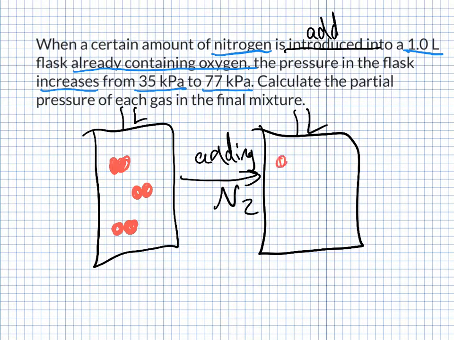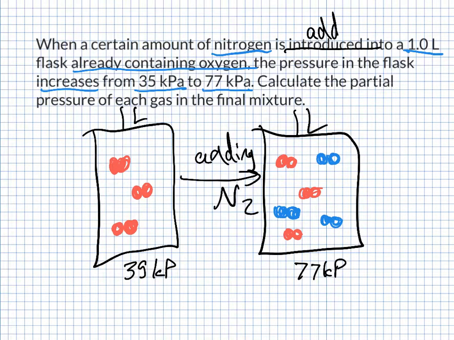So I had my oxygens, and now I am adding nitrogens. So now I have more stuff in here. Okay, so that's what this process is describing. And then it said the pressure went from 35 kilopascals to 77 kilopascals. What's the partial pressure of each gas in the final mixture?